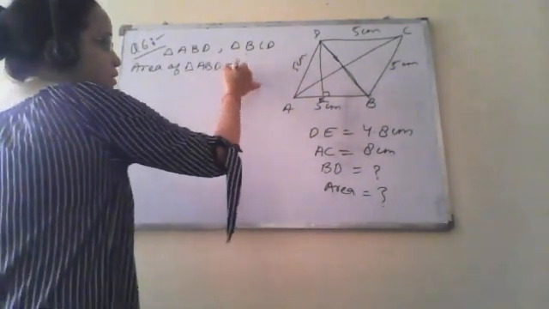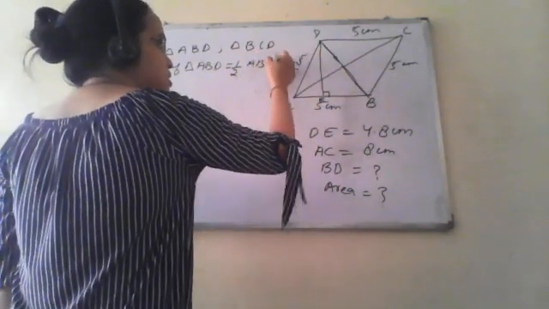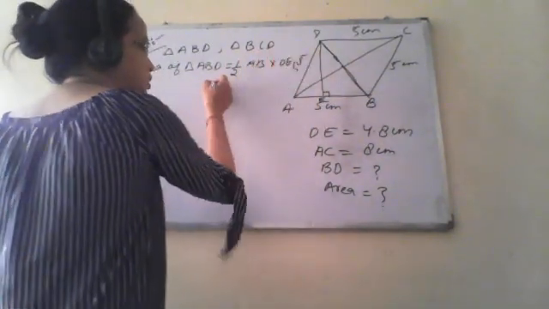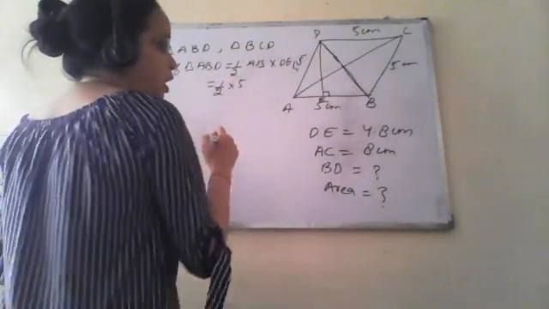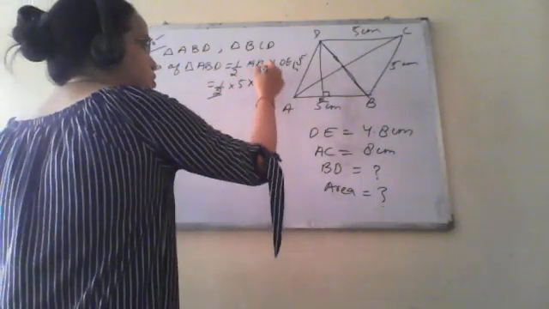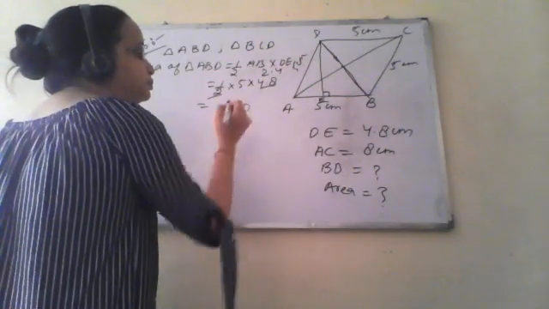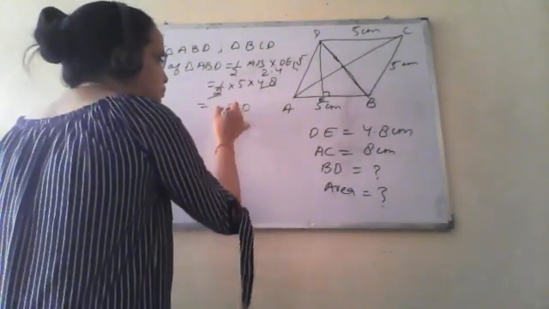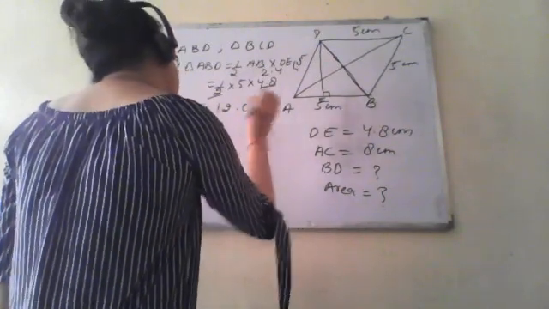So it will be half, AB is the base and DE is the altitude. So this is 1 by 2, AB is 5 and DE is 4.8, so this is 12. So the area of triangle ABD is 12 centimeter square.